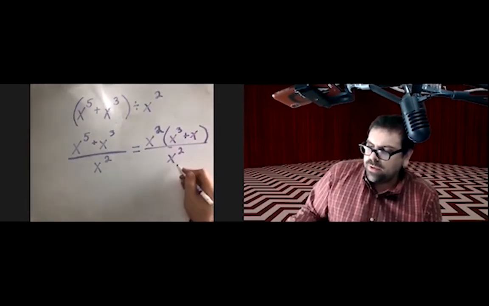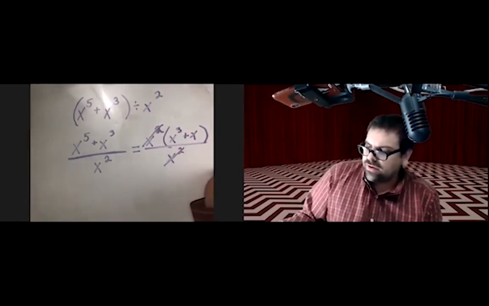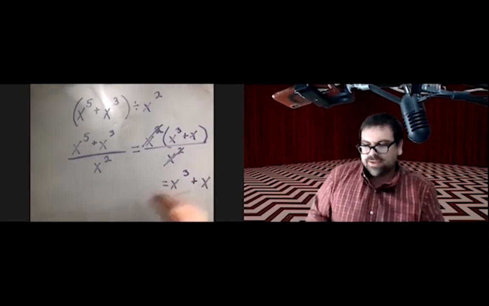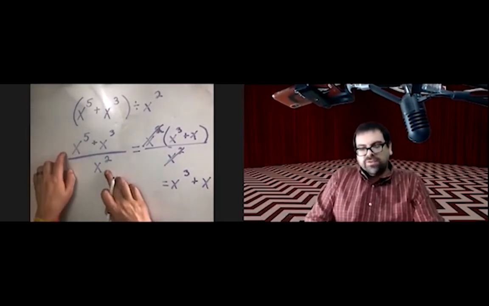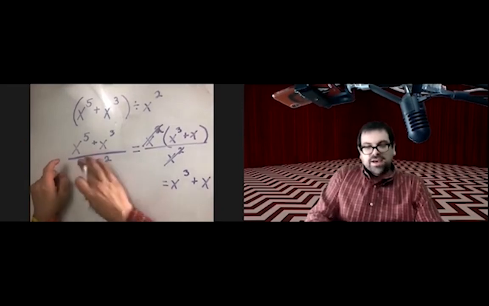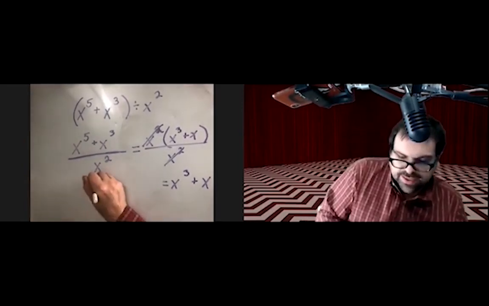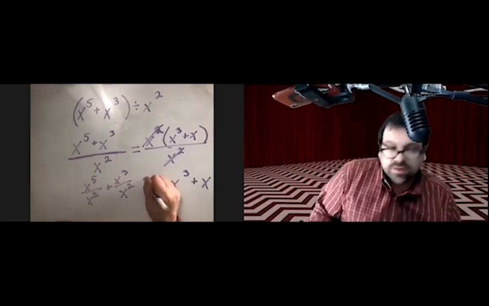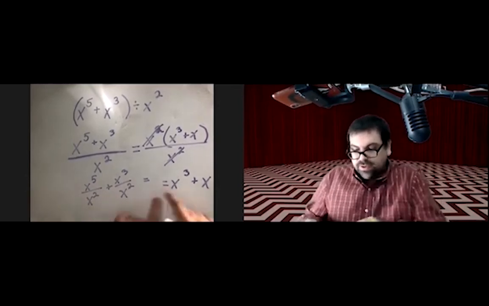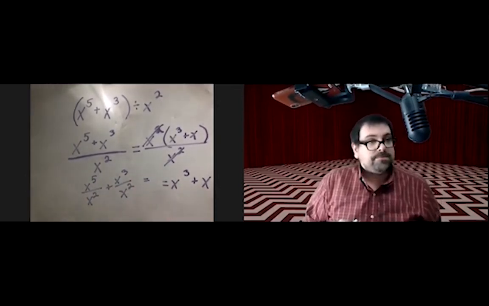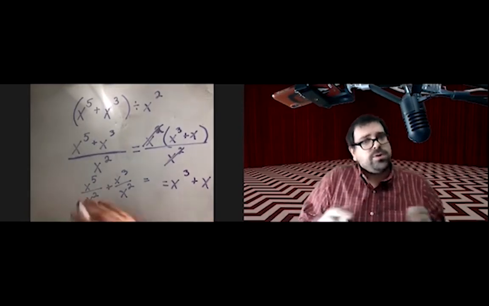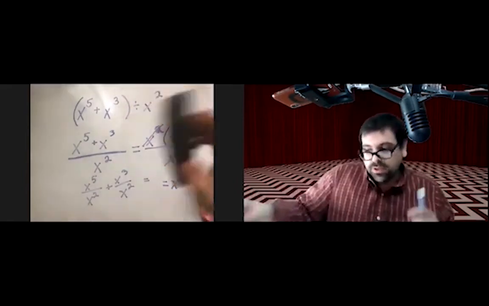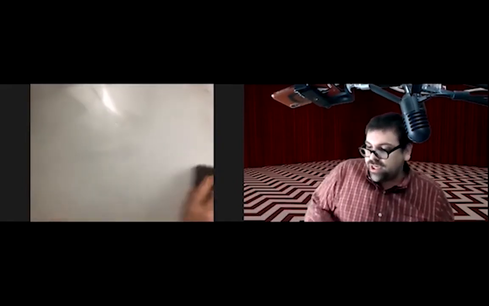And then the x squared on the bottom would cancel with the x squared we factored out on top. Notice you can't just divide one of them. You wouldn't get the right answer. You have to divide both of them. You would have to do x to the 5th over x squared plus x cubed over x squared. There's our x cubed. There's our x. So dividing by monomials, we would just split up. Dividing by anything more than one term, we'd have to go to long division.